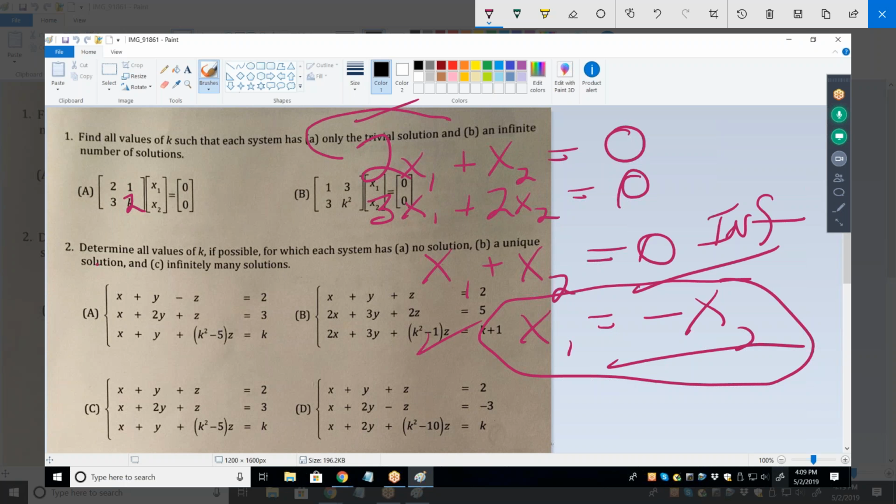I'm not sure what to do with that. We already know that if k is equal to 3/2, I have infinitely many solutions, and it appears that if k is equal to 2, I have infinitely many solutions. And I suspect if k is equal to 3, I'm going to have infinitely many solutions. So I'm not sure I know how to do this one.